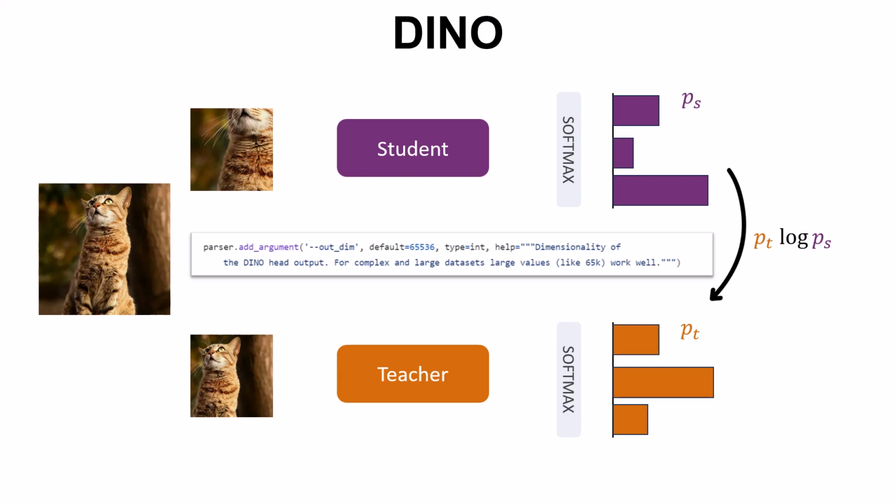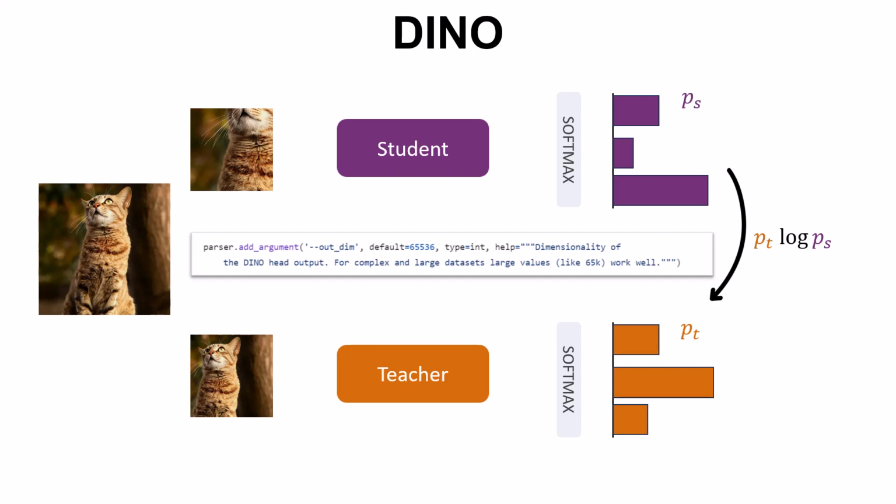So as you can see, the orange one is our ground truth that now is the output of the teacher, and it is multiplied by log of the output of the student, so it is a cross entropy loss. But one thing to note here is that teacher is not already trained, and it is training at the same time as the student. So that's one thing.